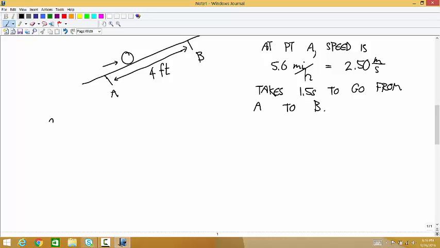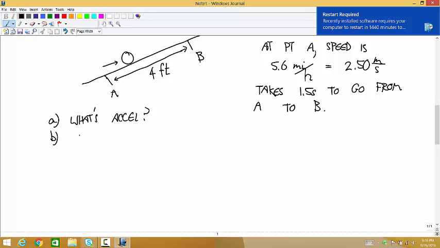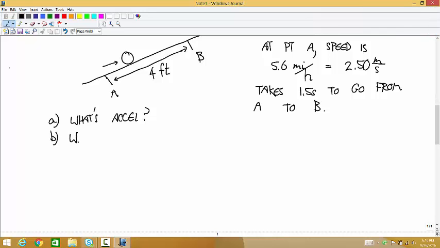And we're trying to calculate first the acceleration, and second, what's the highest point up the ramp? I'm going to do it from A, but if you did it from B, I can't complain about that. It doesn't say. But what's the highest point up the ramp before the ball turns around?